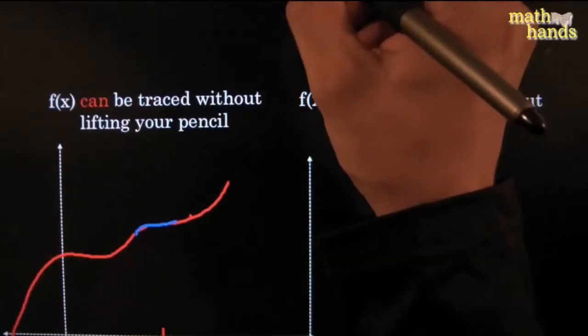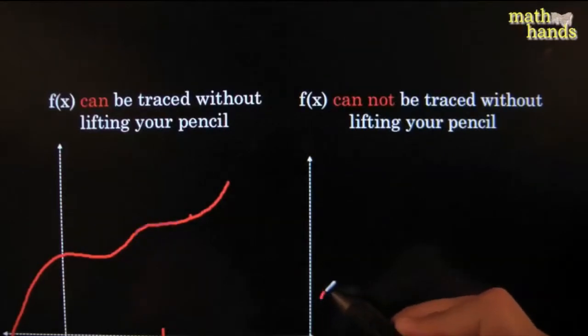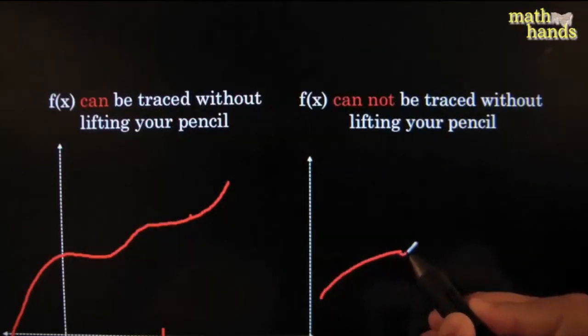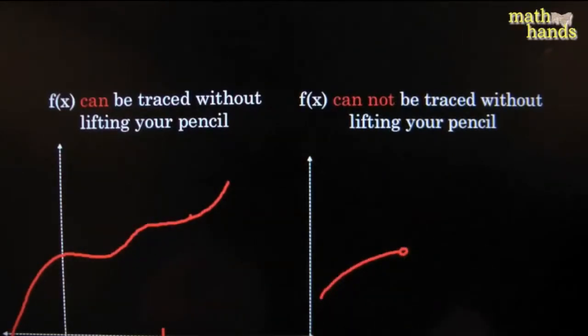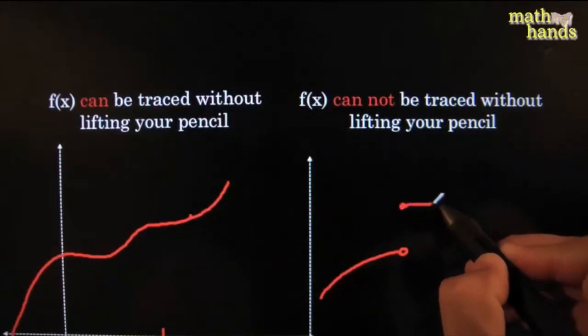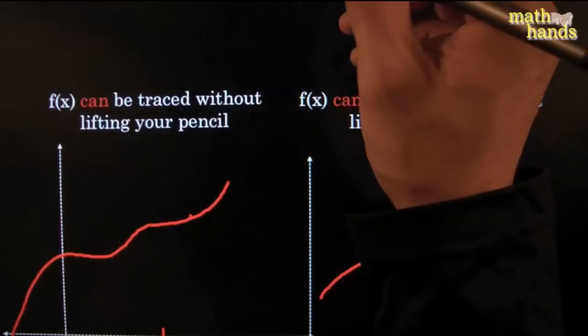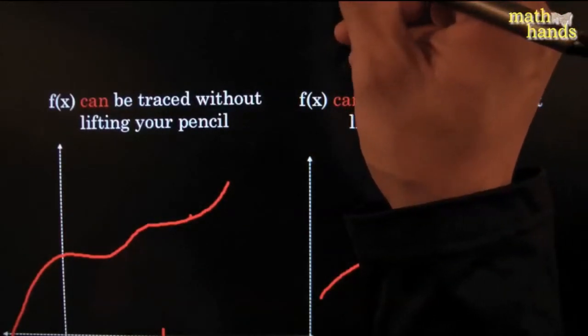As you try to trace it around there, let's see, I did it without lifting my pencil. So that's a nice property to have. When the function is continuous, you must be able to trace it without lifting your pencil, at least around that tiny little neighborhood. Compare that with the following graph.